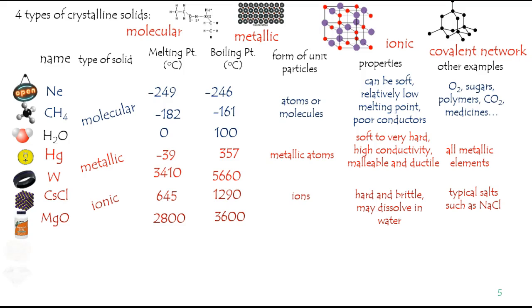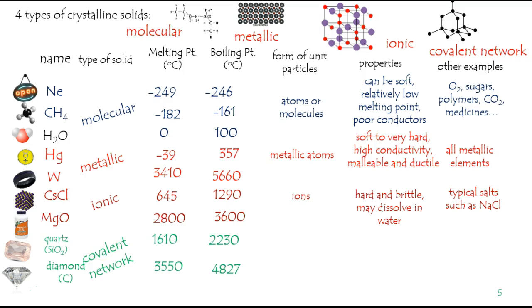And rare, but perhaps the most interesting group, are these beautiful network covalent solids, quartz, diamond, things like these. These are oftentimes coveted substances. I would say beautiful substances. Since it's a continuous lattice of non-metallic atoms, they have very high melting points and boiling points typically. Look at those numbers.